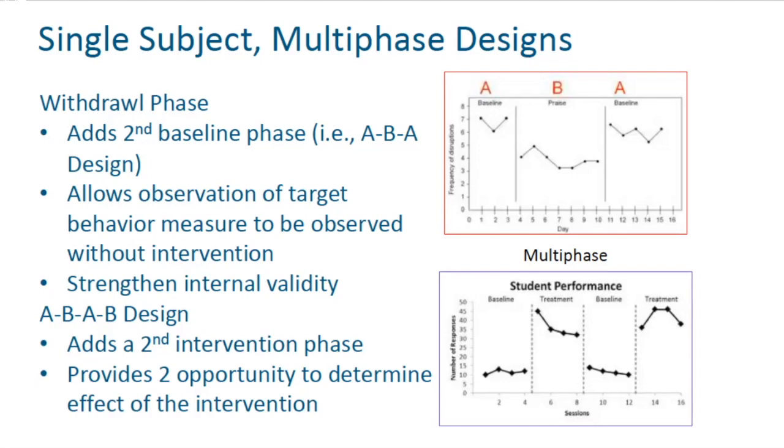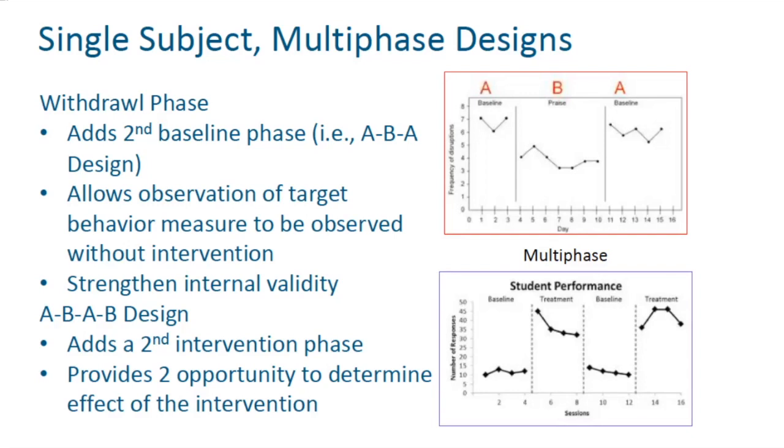Okay, the withdrawal phase adds a second baseline. So the ABA is two baselines, okay? And it allows you to measure the target behavior without the intervention, then measure it with the intervention, and then take away the intervention and measure the target behavior again without the intervention.